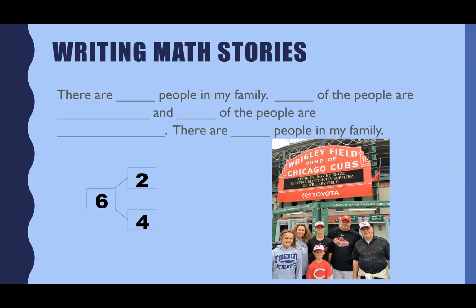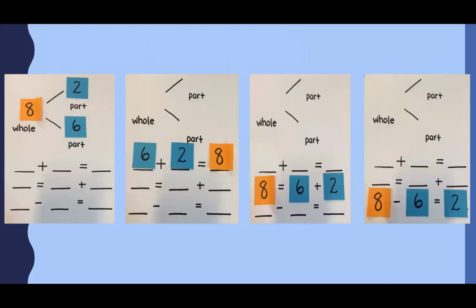And now you can give kids that freedom to put that piece in. We can take it to where we have kids then begin to build out those equations. And so what I like to do with this is have them use sticky notes of 2 different colors. One color that shows the part, and a second color that shows the whole. So you can see that part-whole or whole-part relationship.